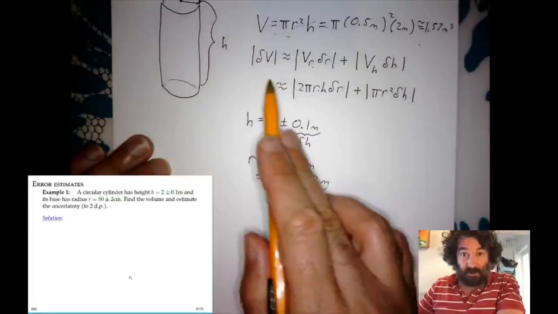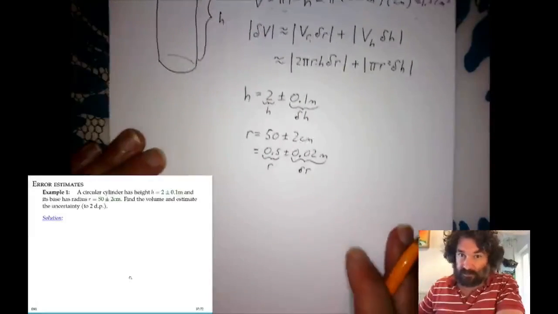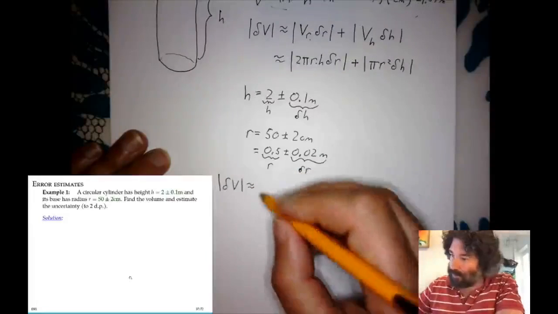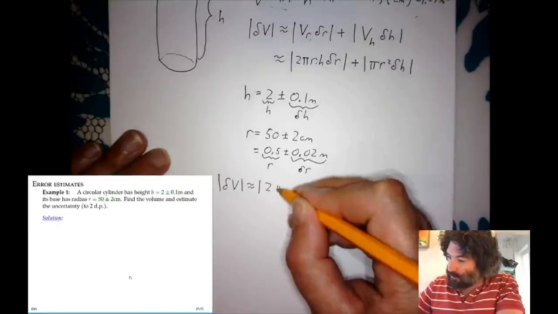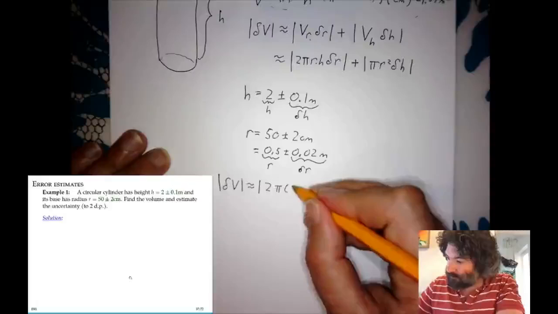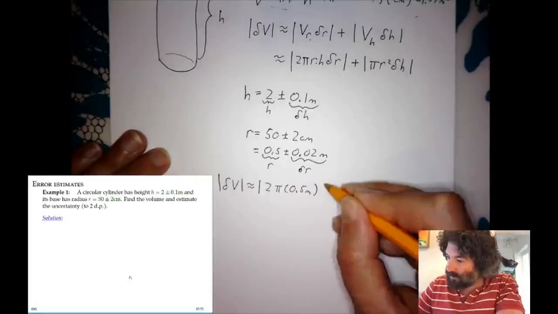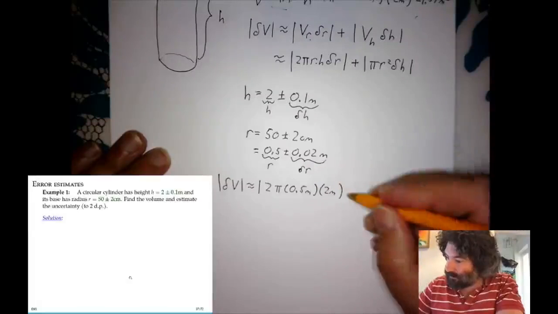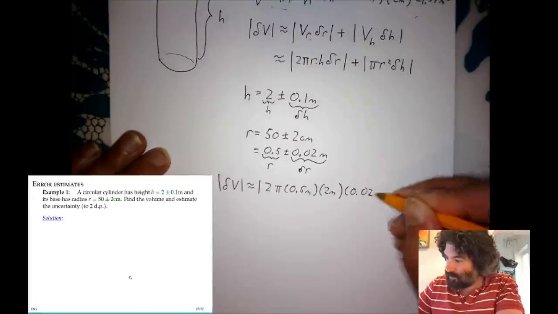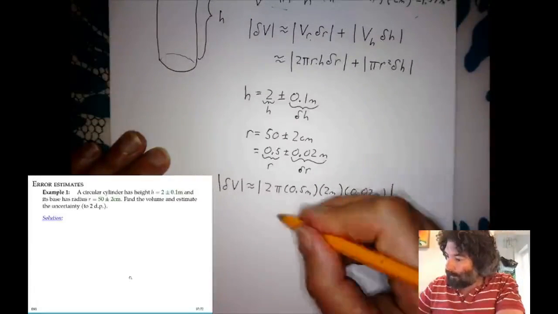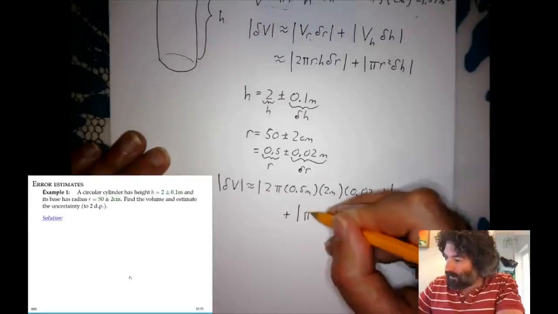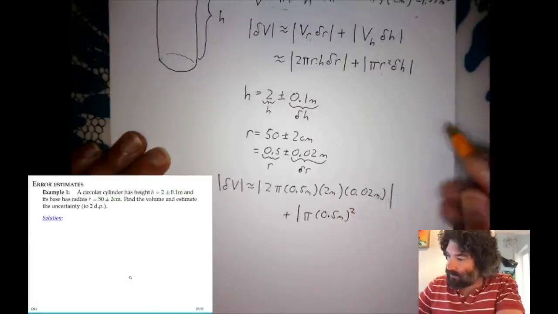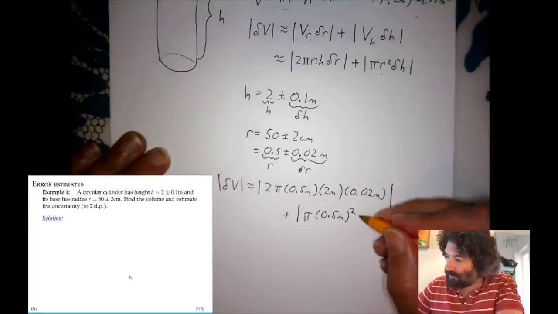And then let's estimate the size of the error in the volume based on this formula. 2 times pi times r, 0.5 meters, times h, 2 meters, times the error in r, 0.02 meters, plus pi times r squared, 0.5 meters squared, times the error in h, which is 0.1 meters.